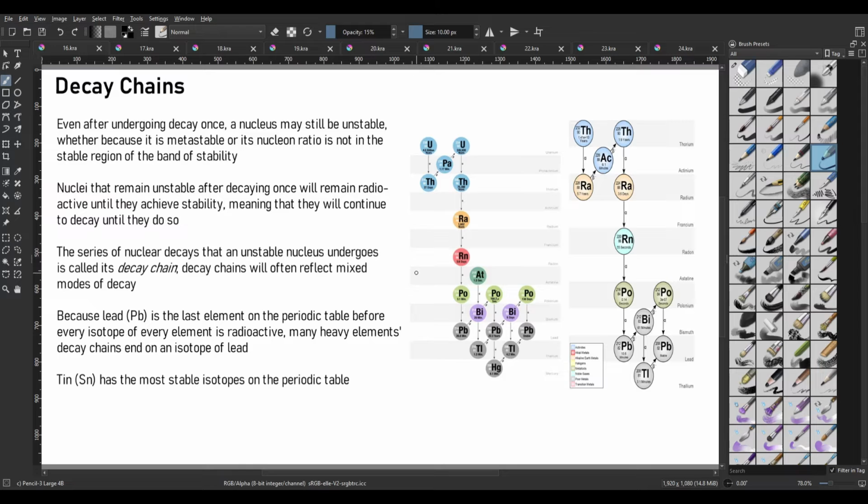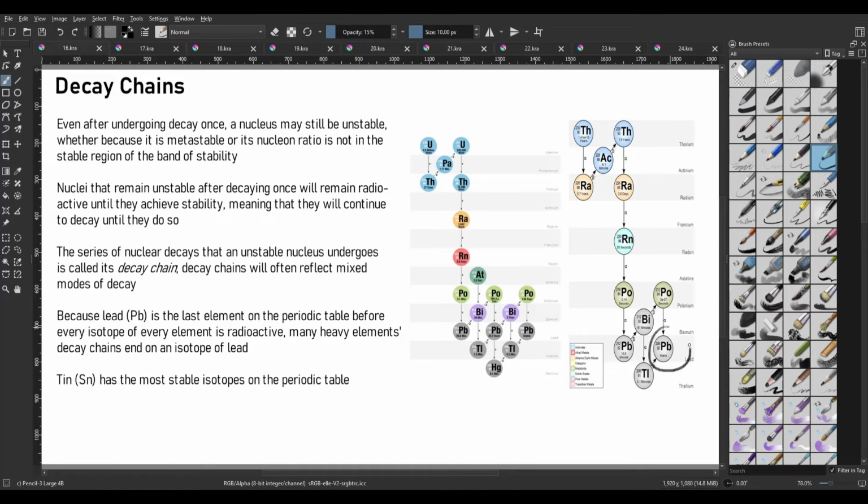A series of nuclear decays that an unstable nucleus undergoes is called its decay chain, and decay chains will often reflect mixed modes of decay. And these are examples of decay chains. If we look at these, we're going to see that maybe an element, in this case radioactive uranium, up here it's radioactive thorium. They're going to undergo various types of decays to get down to a stable isotope, and we'll talk about this in a second.